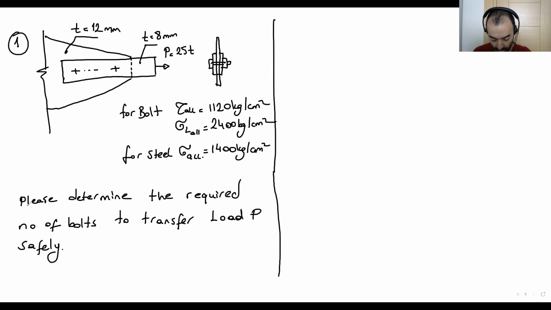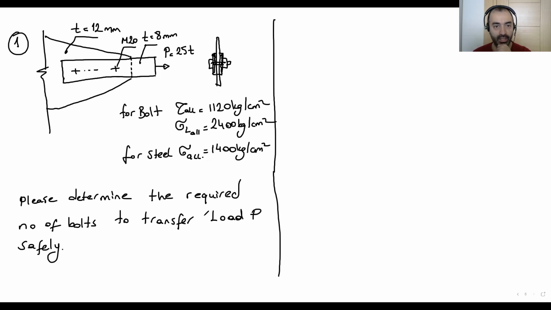By the way, the diameter of the bolt is 20. Okay. In this question, you can see there are two plates on both sides, this one and this one, and there's a big plate inside at the mid portion.